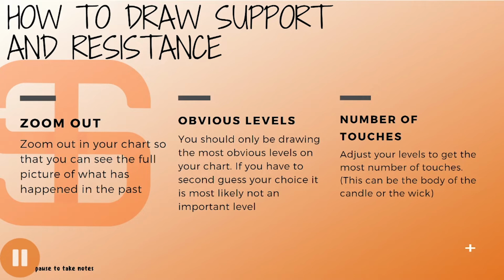So you just want to be able to mark up your chart and get the correct levels. We'll teach you about that in one of these next videos. Now, when I'm drawing the support and resistance, you want to get the most amount of touches as you can possibly get. So if I'm drawing a support line and there's an area where the market touched 6 or 7 times, that's an area of support or resistance, okay? That's an important area. Market rejects off of that area.